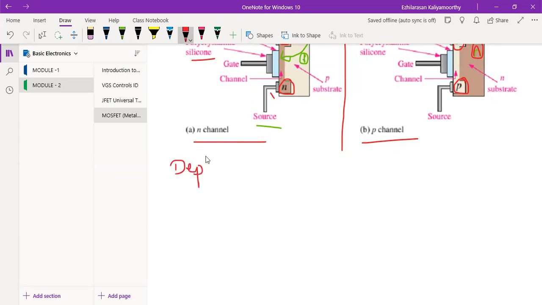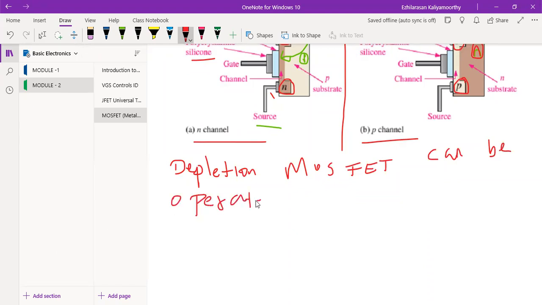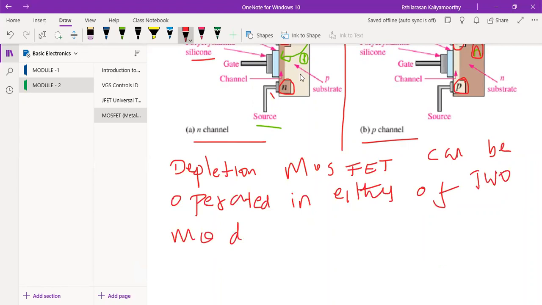Note: depletion MOSFET can be operated in either of two modes.